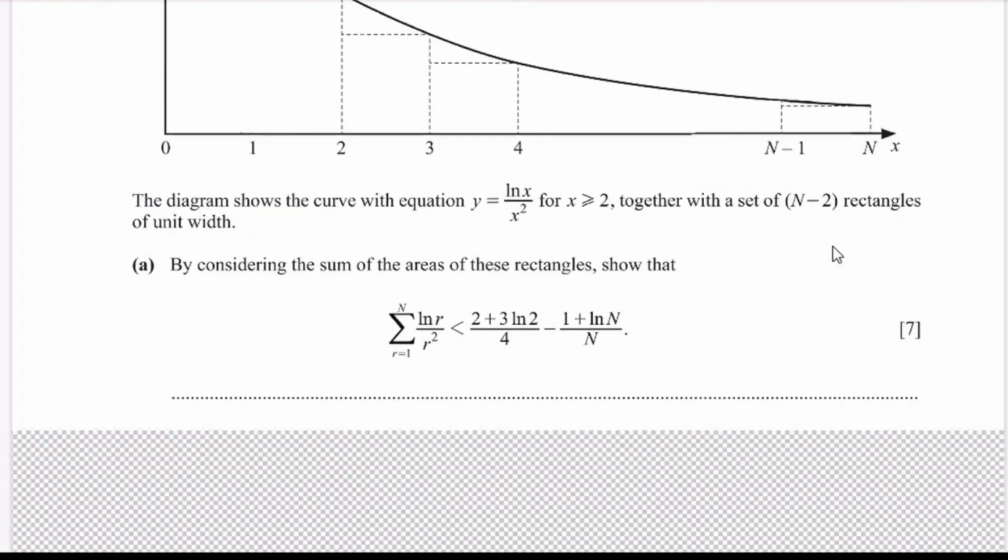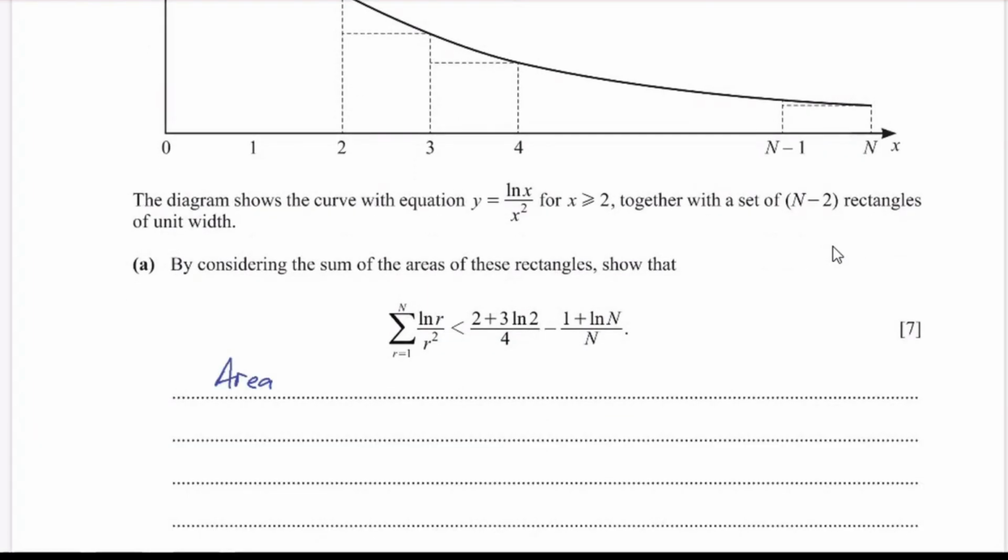Now, if you look at the area of the rectangles first, the first height starts at x equals 3. So it gives us ln 3 over 3 cubed plus ln 4 over 4 cubed, for the heights of the rectangles until the last height here, for n.